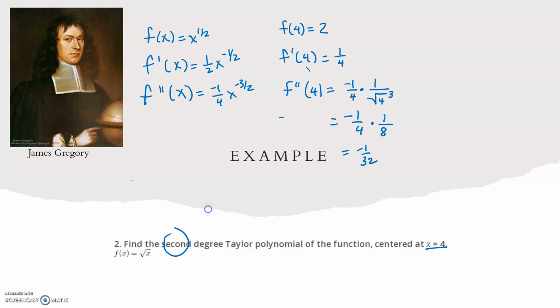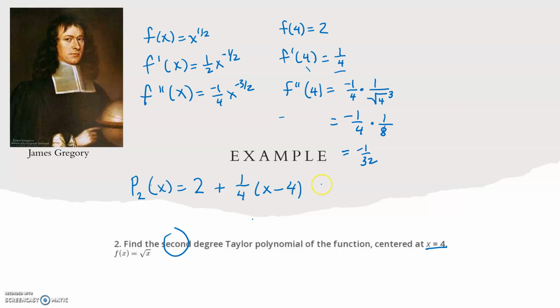Now I'm ready to plug it into the second degree Taylor polynomial. So the first thing I have would be 2, because that's my constant term, plus f prime is 1/4, and then x minus 4, because that's our center, to the 1 power.